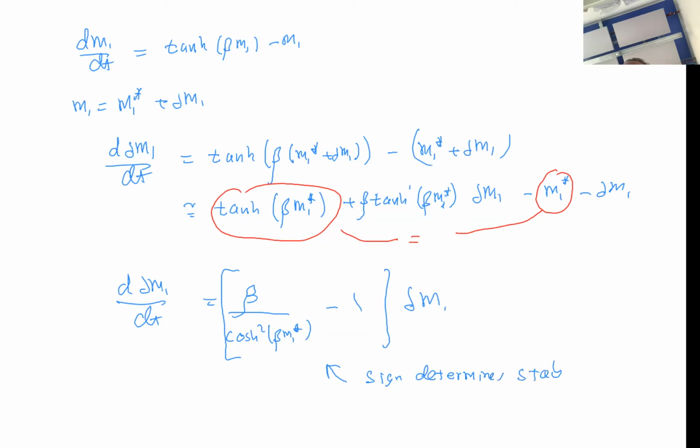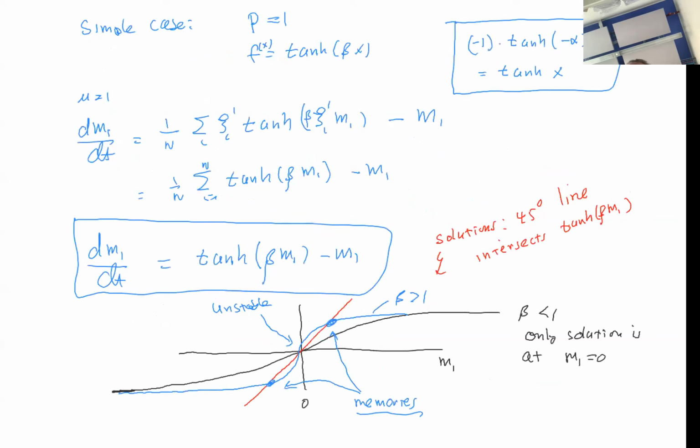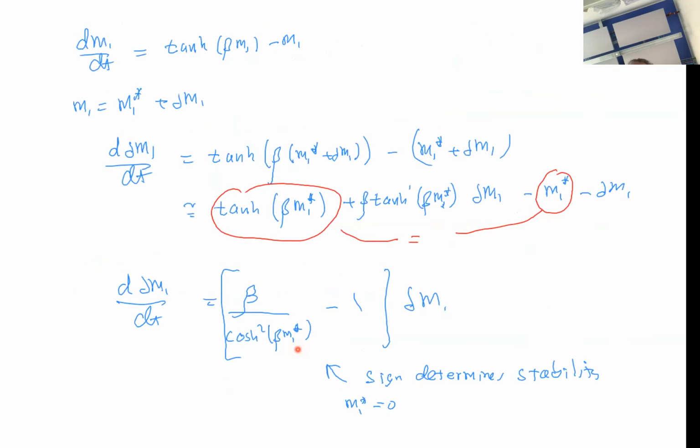And at m1 star equals 0, this fixed point here at the origin, cosh squared of 0 equals 1. So we can now see beta less than 1 implies stable. Beta greater than 1 implies unstable.